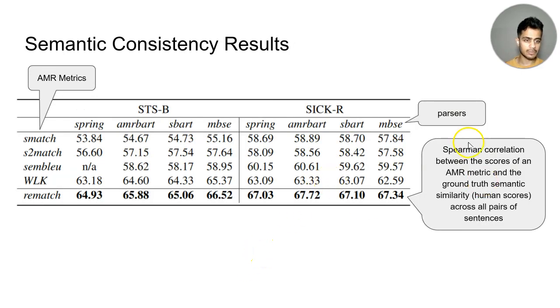These scores represent the Spearman correlation between the scores of AMR metrics and the ground truth semantic similarity, which is basically the human scores, across all pairs of sentences in these two benchmarks. We use 4 state-of-the-art parsers to mitigate any biases, and we see that Rematch performs well across both benchmarks and for all parsers.